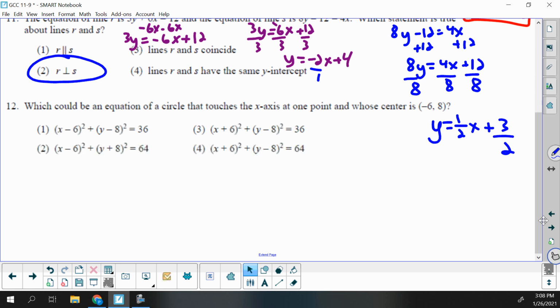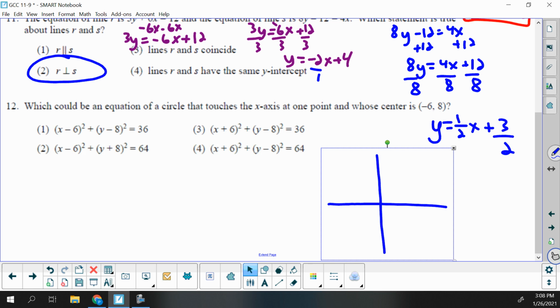Moving on to 12. Let's sketch a little graph for this. We've got negative 6, 8 as our center. So we'll just put our little tick marks in. So there's negative 6. There's 8. So that's where our center is.